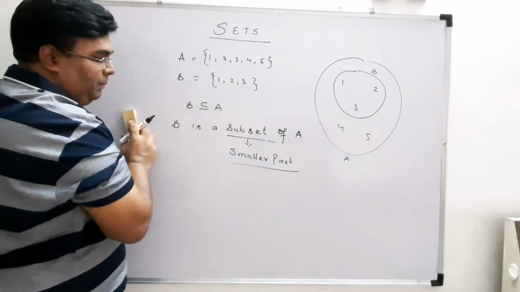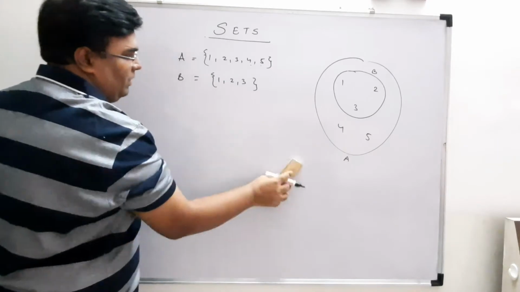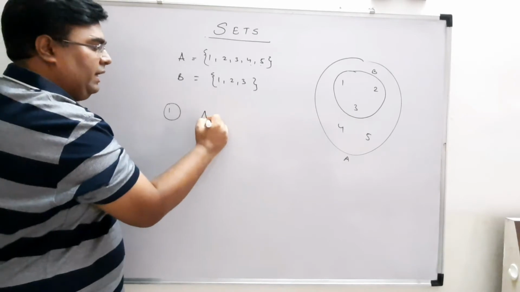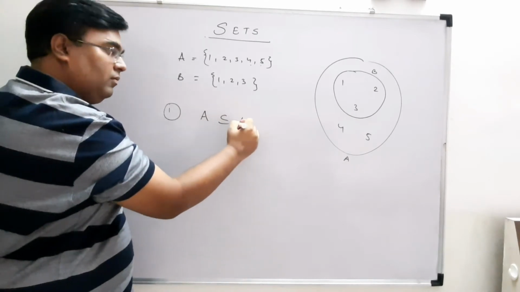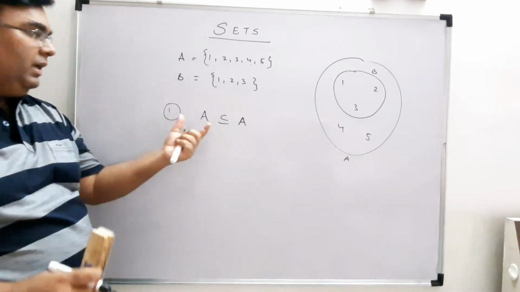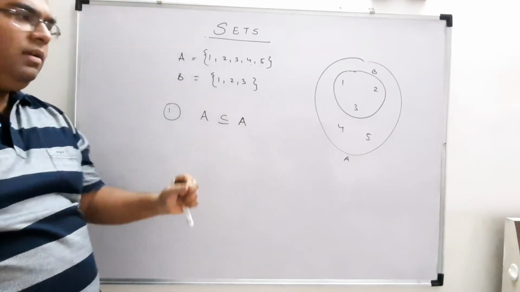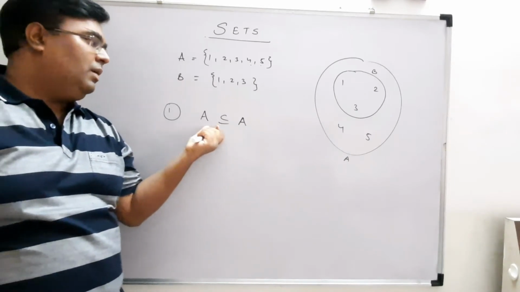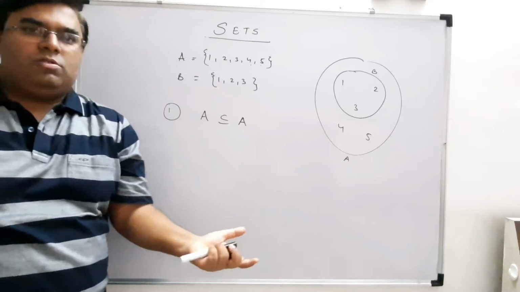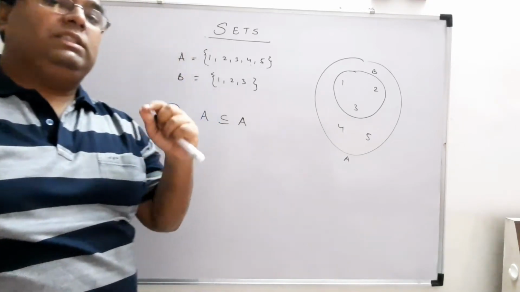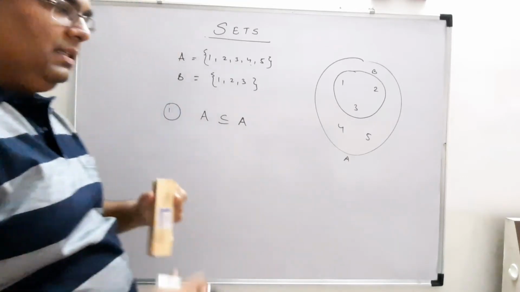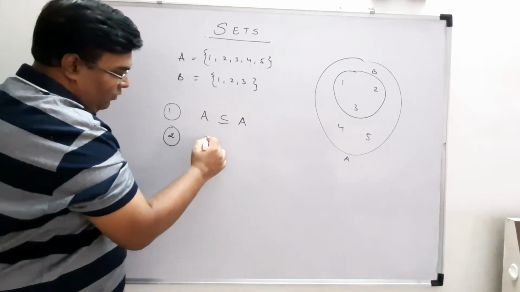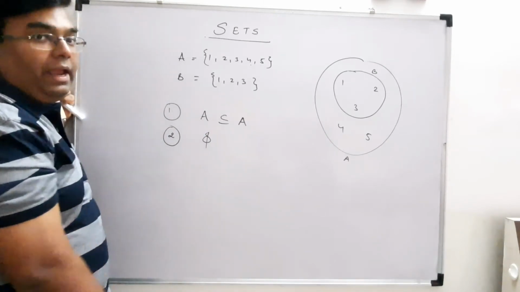Now let us learn the properties of subsets. The first property of subsets is that every set A is a subset of itself. A is a subset of A, because this means all the elements of this set are also elements of this set, and since A is equal to A, we can say that A is a subset of A. Second, we have known this, the empty set.